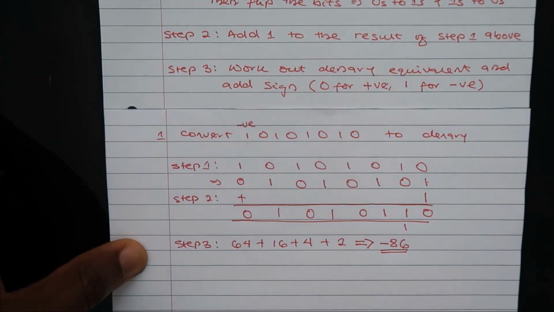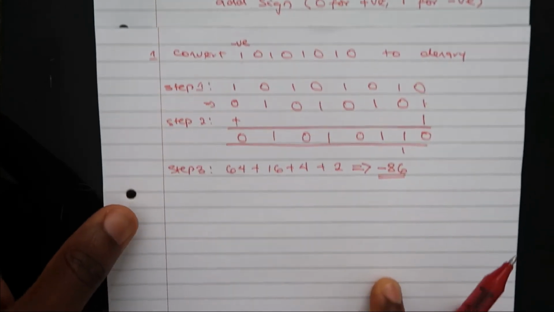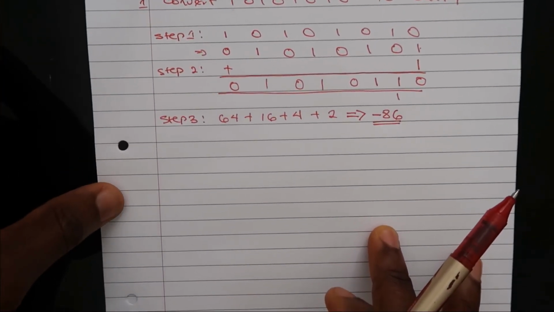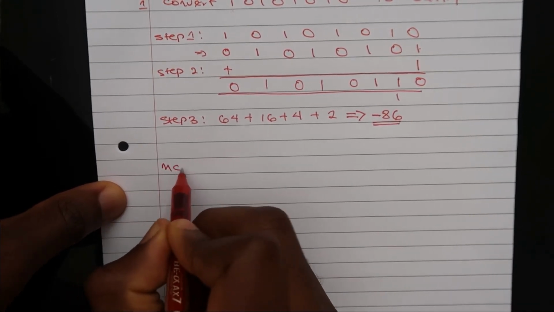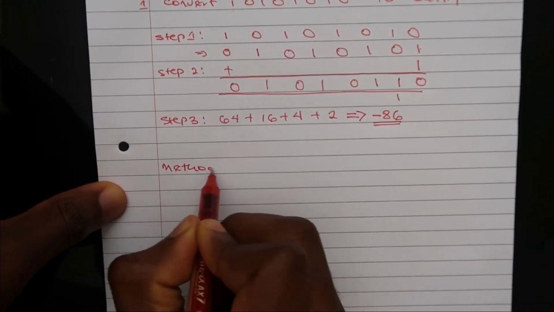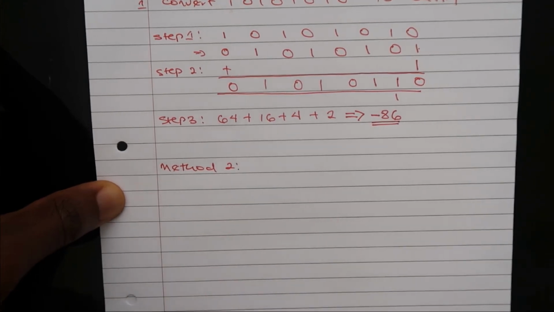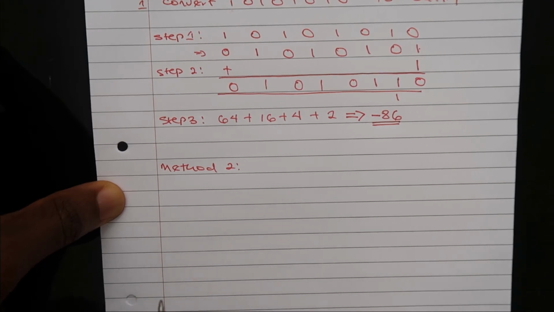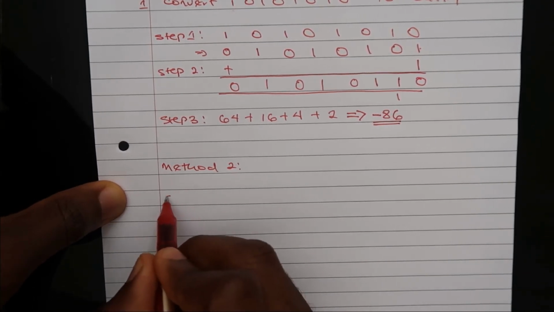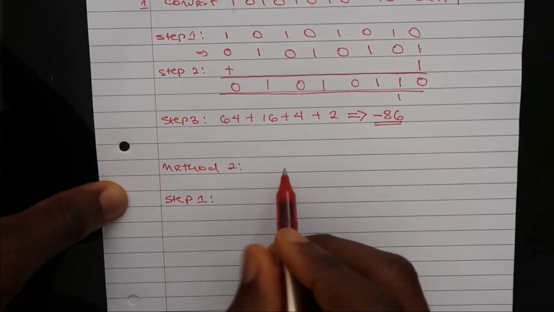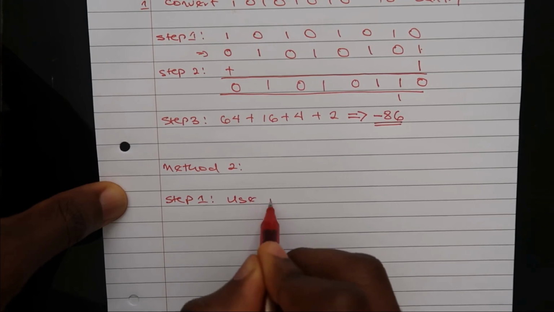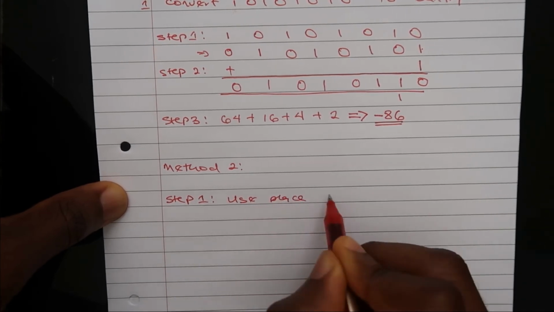Okay. Now, the second method I'm going to introduce you to, I've split into 2 steps. Step 1, you use the place values.